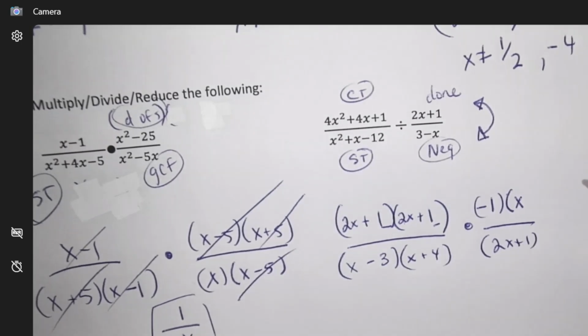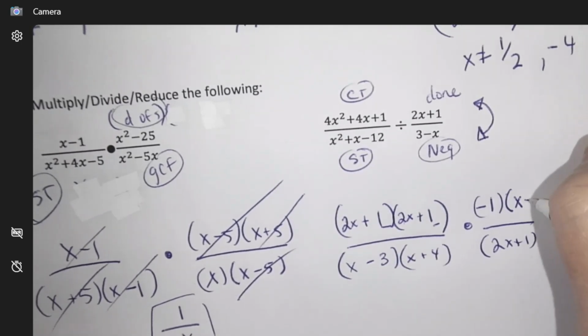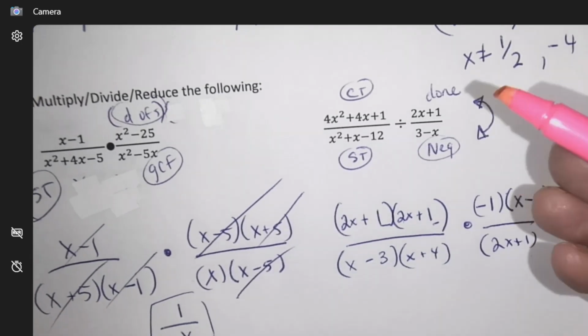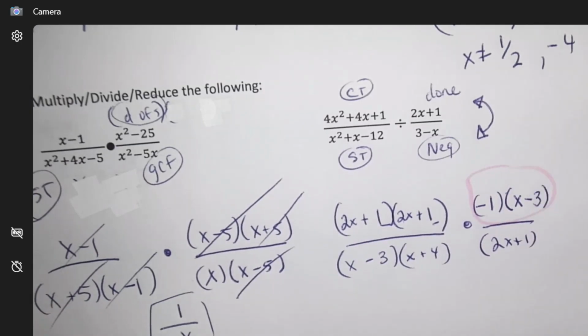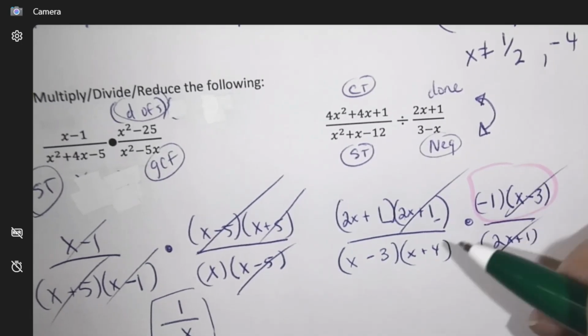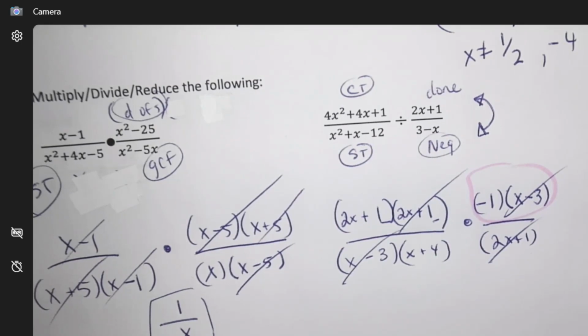Now I can go x, and then the number is a -3. Okay? This is the number 1 loss of points on this test for all my past classes. That negative out situation, not recognizing it. Okay, I can cross that off, cross that off. Cancel, cancel. That's it.